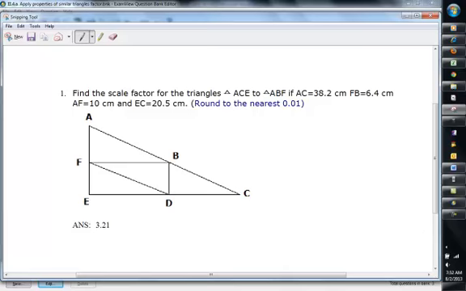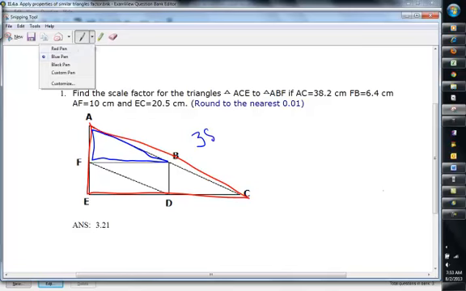The first thing you have to know is what two triangles you're talking about. So let's use the red pen to show the ACE, the big triangle, and then I'm going to use blue for the little triangle ABF. Okay, and it says A to C is 38.2. Oops, I should write that in red, shouldn't I?